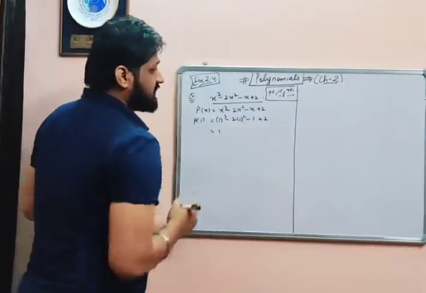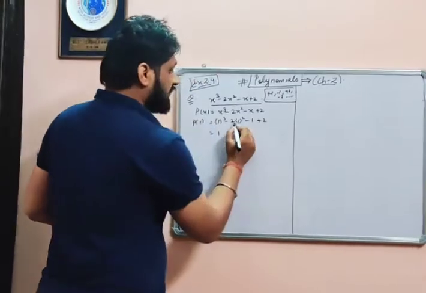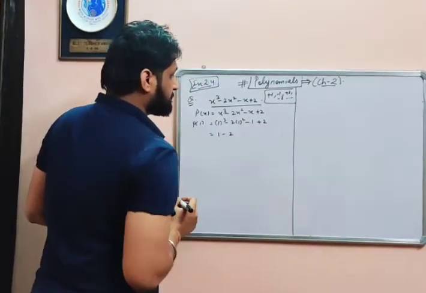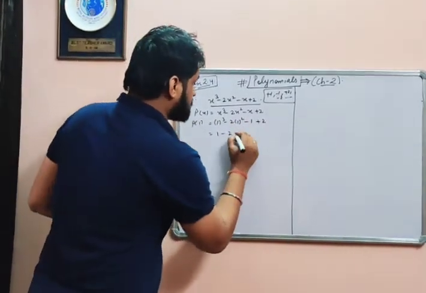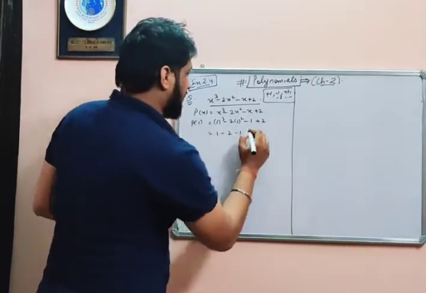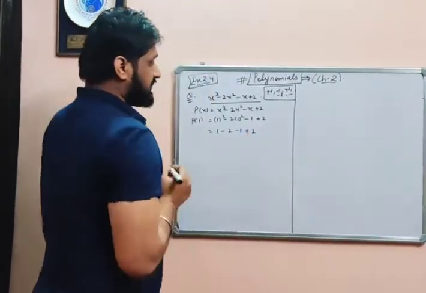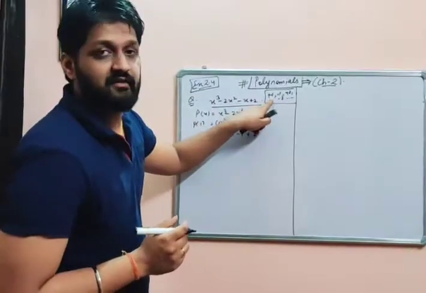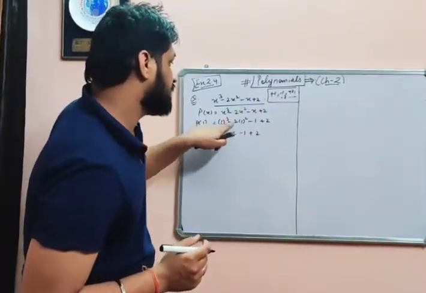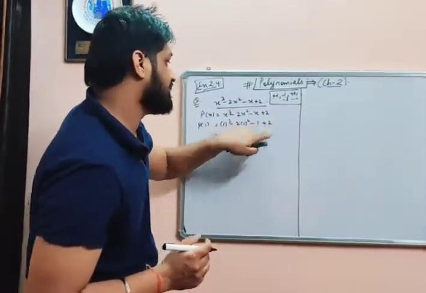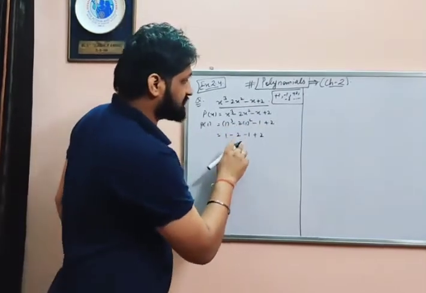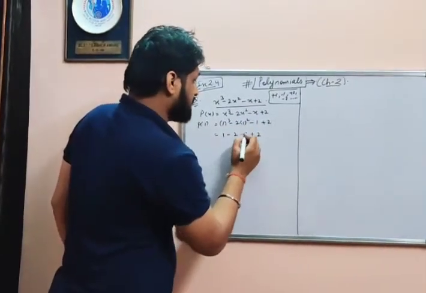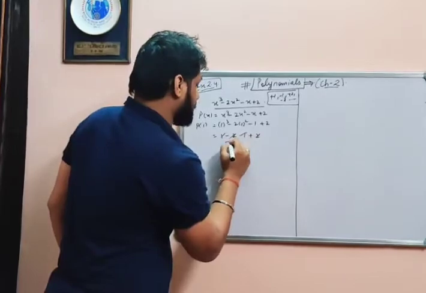So 1 cube is 1, here it is minus 2, here it is minus 1, and here it is plus 2. Here minus 1 and plus 1 cancel, and this and this cancel, so the remainder is 0.